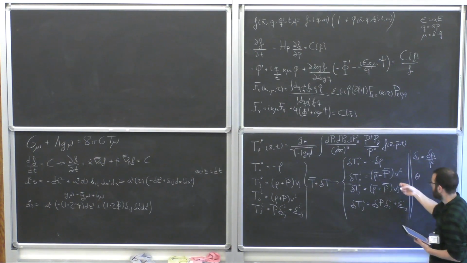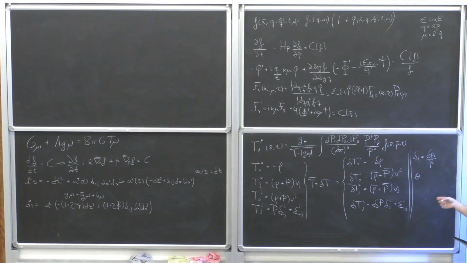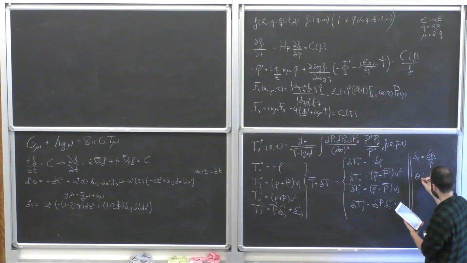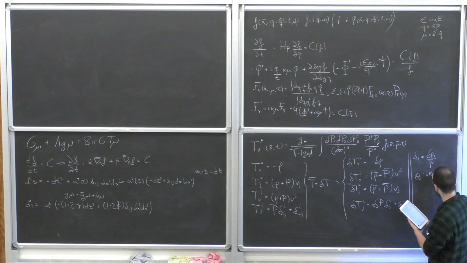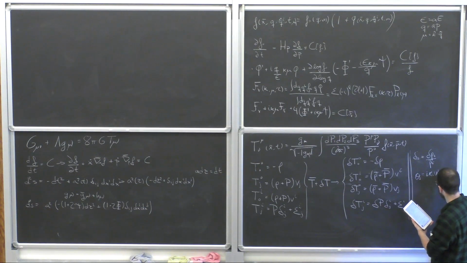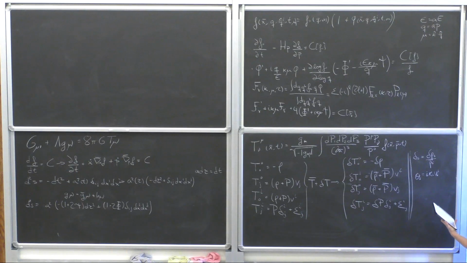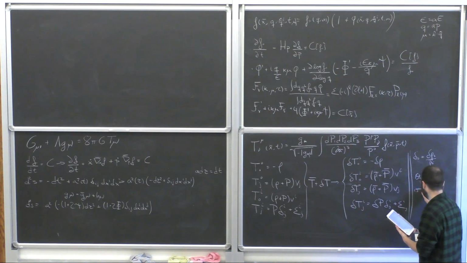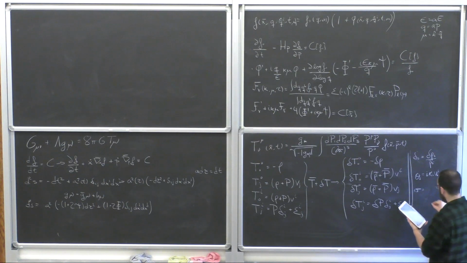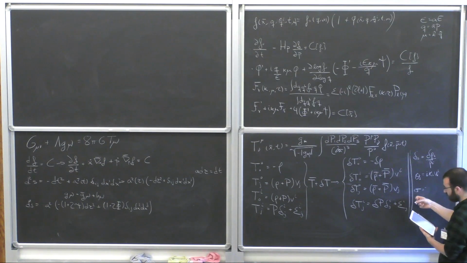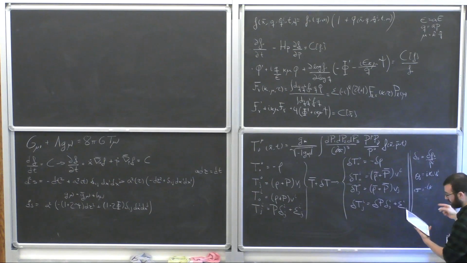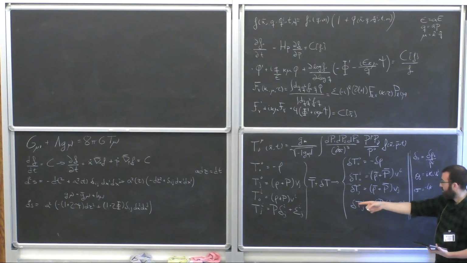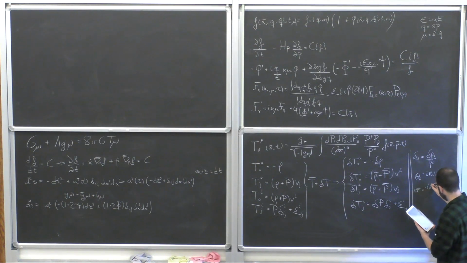I'm going to be working, rather than with the bulk velocity of the fluid or the species in general, with the velocity divergence, theta, for each one. And then I'm also working with the shear, which is obtained as the divergenceless and trace-free part of the anisotropic stress, sigma ij.